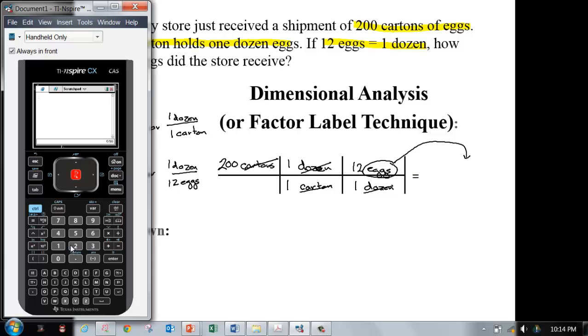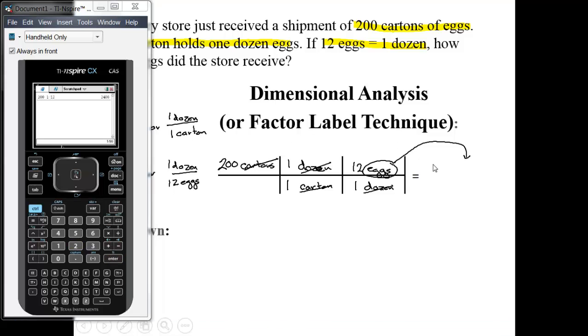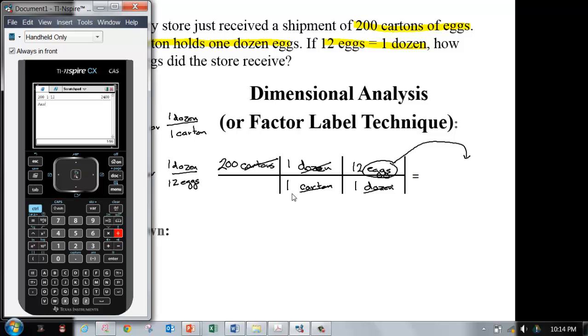If I get out my Inspire, I can solve the top of my dimensional analysis. 200 times 1 times 12. And so I get 2,400 along the top. But then, in order to solve the bottom, I need to take this number and divide by the first digit that is in my dimensional analysis, 1.